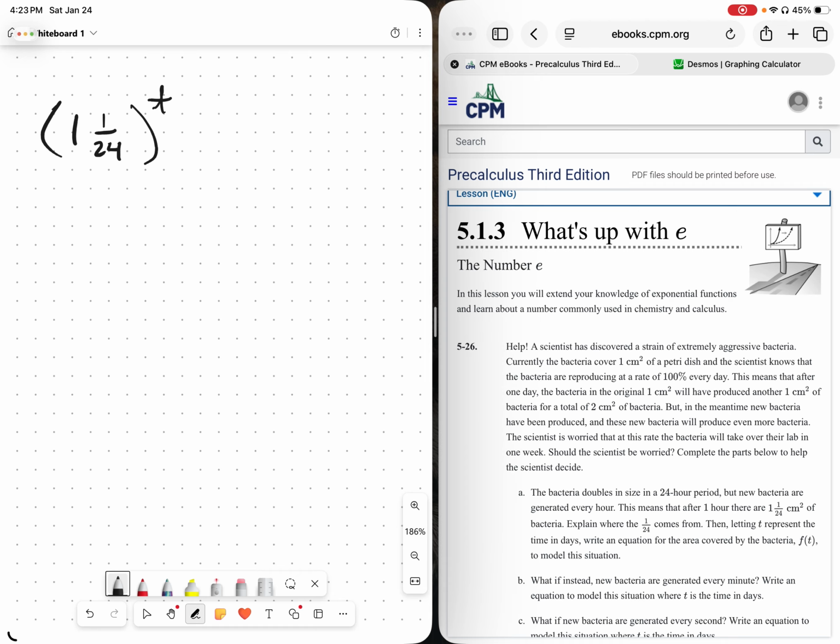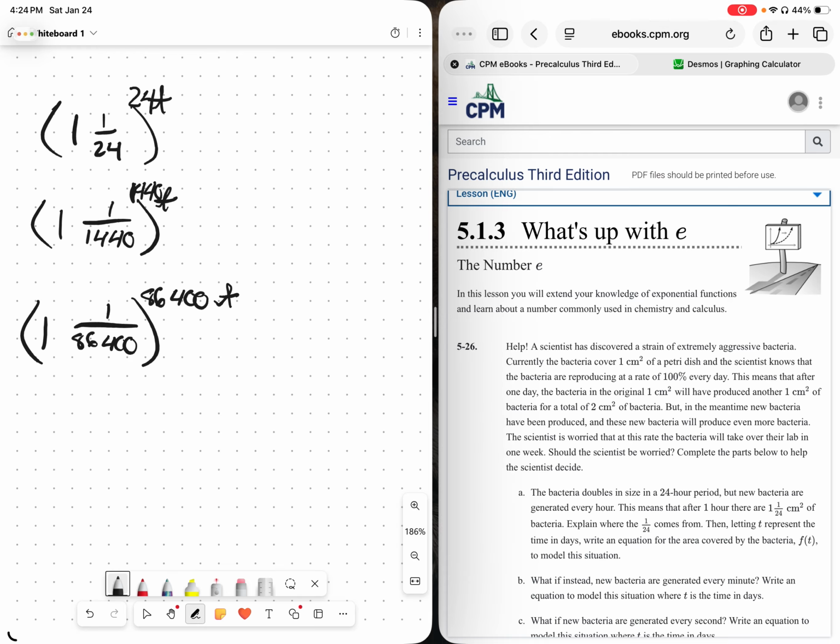What if it's every minute? That would be 1 plus 1/1440, raised to the t, right? And so actually this t is 24 hours times t, so this would be 1440 times t. If we continue to do seconds, there are 86,400 seconds in a day, so 86,400 t.